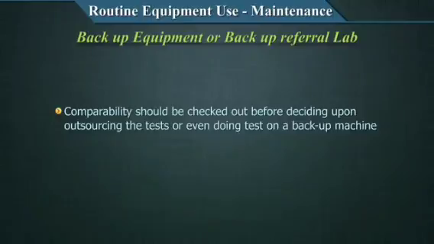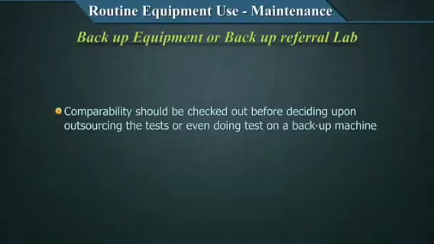This has to be borne in mind: methods can be different, and therefore biological reference ranges can be different, and these can create confusion for the clinicians and the patients. So comparability is a very important concept when you are thinking about any kind of equipment backup or even using two different equipment in a laboratory.